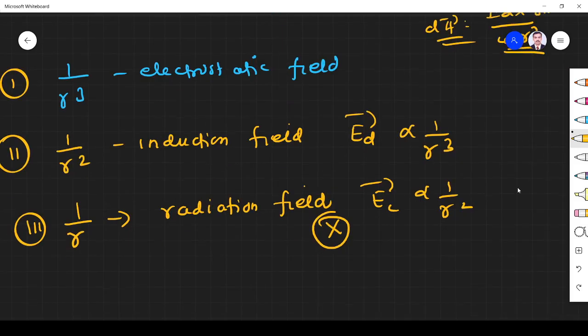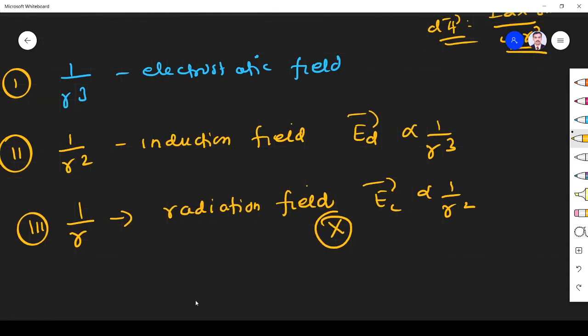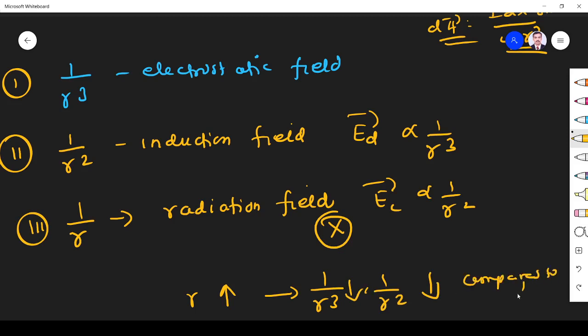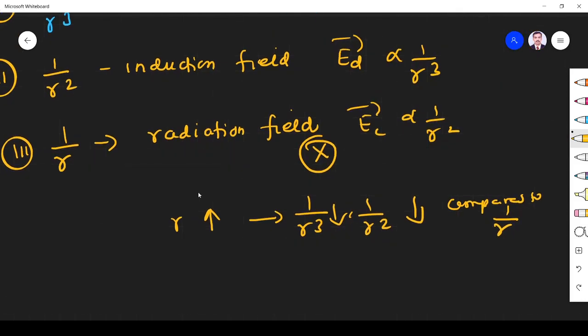Moreover, when distance increases, that is when r increases, what will happen? 1 by r cube and 1 by r squared reduce drastically compared to 1 by r. Yes or no? So when r increases, 1 by r cube will reduce so fast. 1 by r squared also will reduce fast compared to 1 by r.